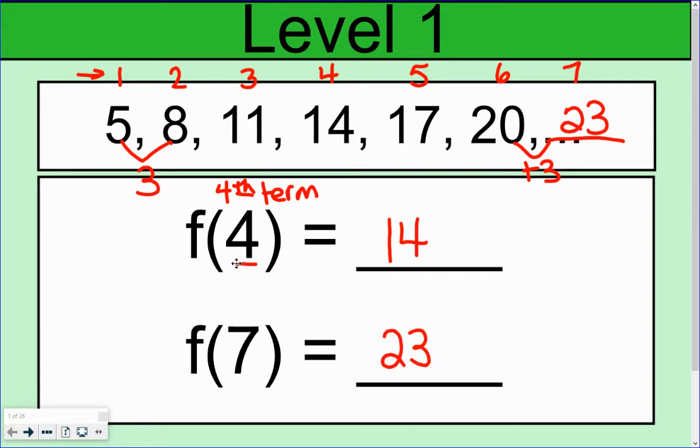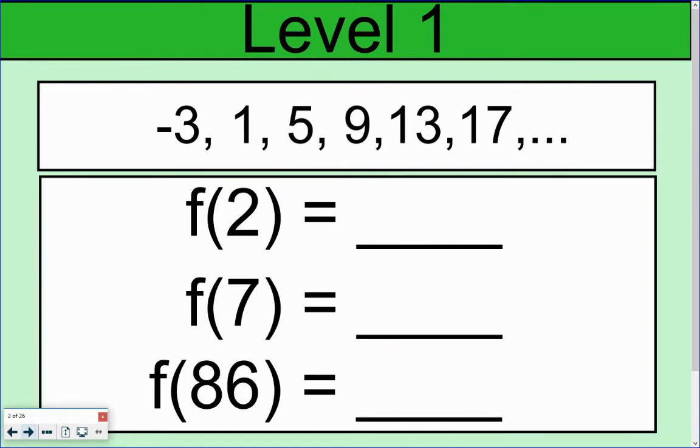Let's look at another one that's similar to this. Okay, so my first term is -3. This one is asking me first for my second term. This is my second term, so f of 2 is going to equal 1. Next, it's asking me for my seventh term. So I'm going to go 3, 4, 5, 6, and again, I need the seventh one, which is the one that's not there, of course.